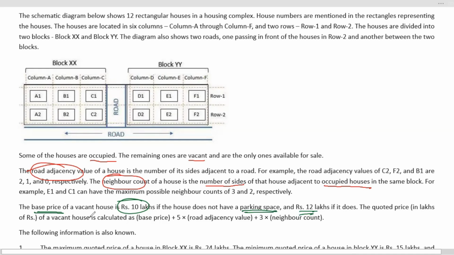And the quoted price, in lakhs, of a vacant house is calculated as: base price, that is 10, plus 5 into road adjacency value, plus 3 into neighbor count. The neighbor count and road adjacency value, these two are added to 10, and if there is parking, 2 will be added. With that information, we need to find out the possible values of it.